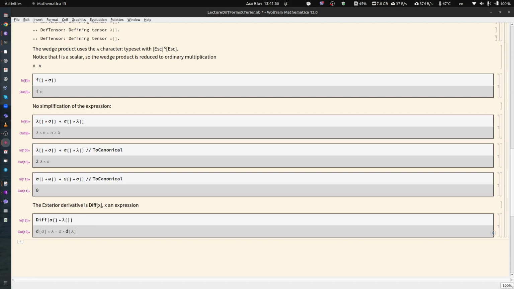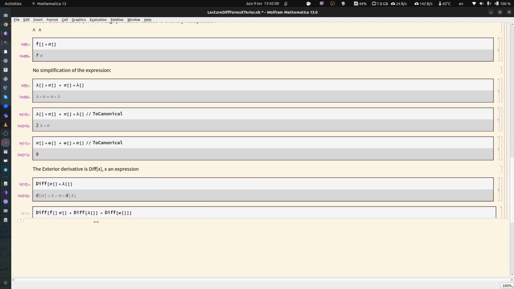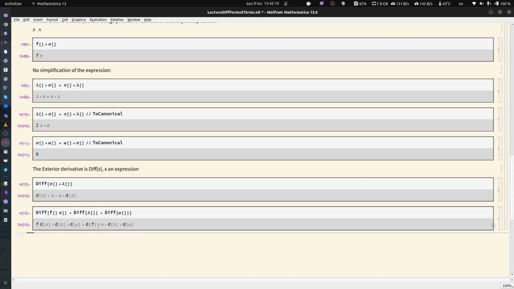Now, let's differentiate a more complicated expression. So here we differentiate a form that is obtained by multiplying the 0-form f with sigma, the d of lambda, and the d of omega. When this form is differentiated, we obtain two terms where d is acting on f and sigma.